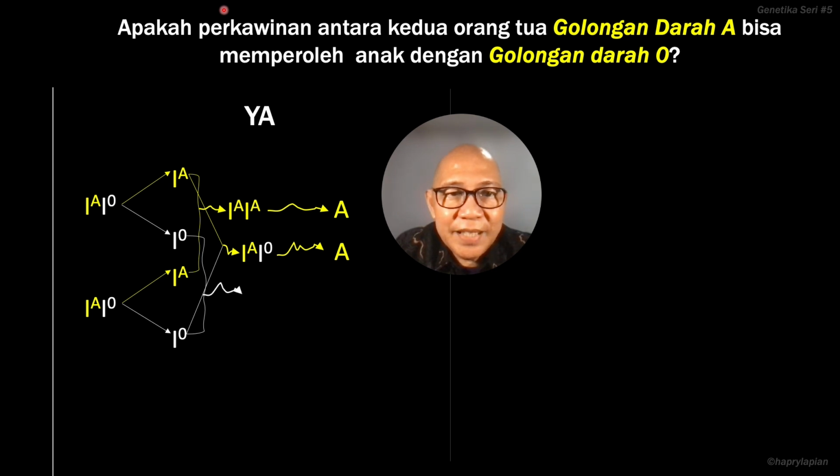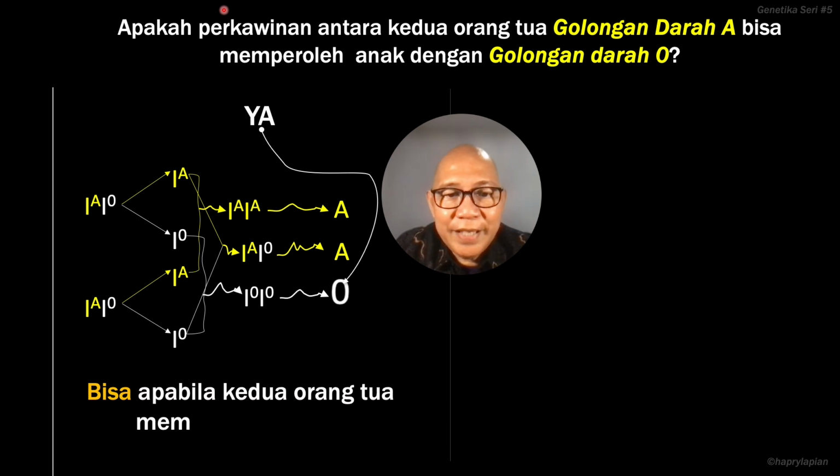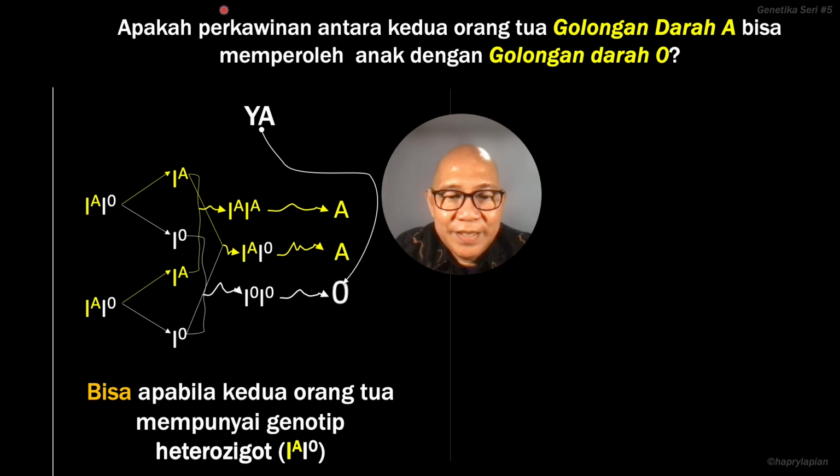And this is the blood type O. Blood type O, again, will be found when IO from father meets IO from the mother. So the answer is yes, where both parents carry heterozygous genotype IAIO.